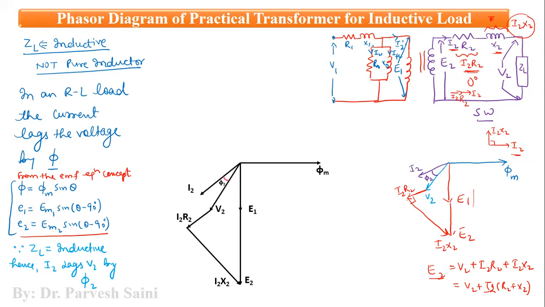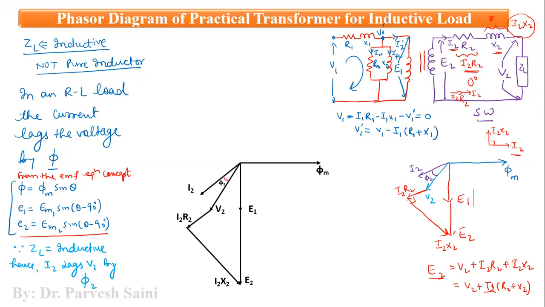If you apply KVL in this particular mesh, let us say this is junction 1, and at this junction the voltage is V1 dash, right? So we will get V1 minus I1 R1 minus I1 X1 minus V1 dash is equal to 0. So from here we have V1 dash is equal to V1 minus I1 (R1 plus X1), right?